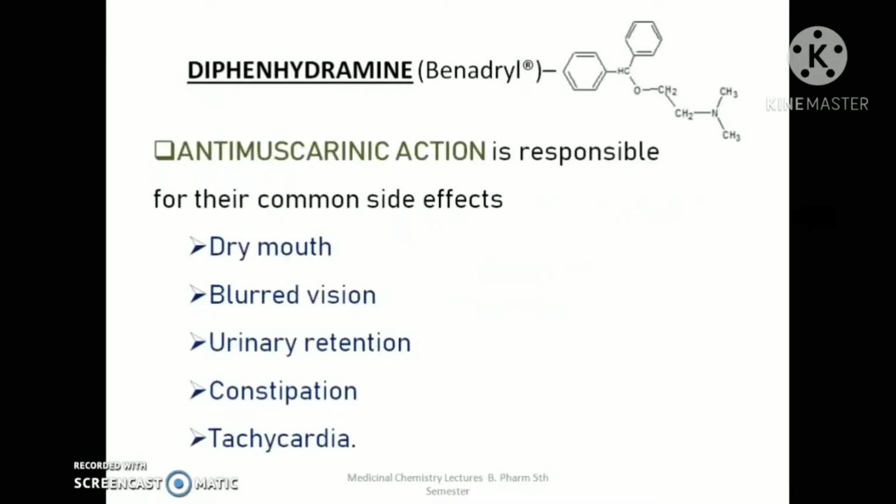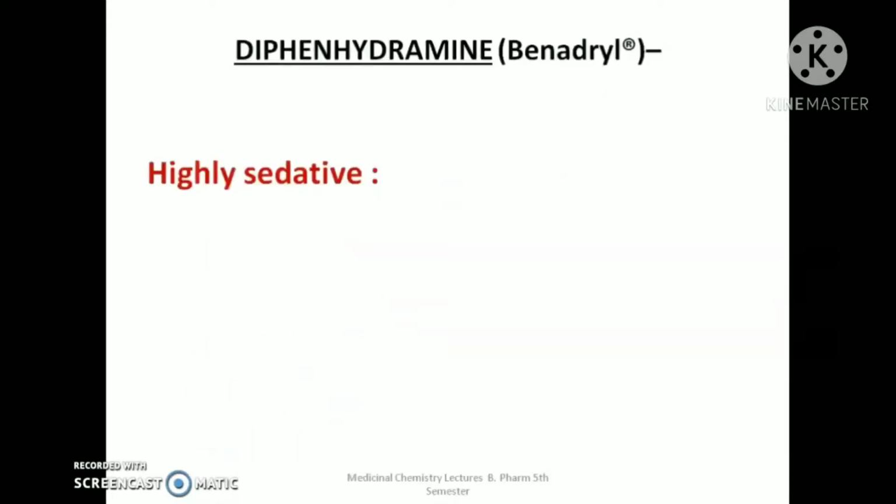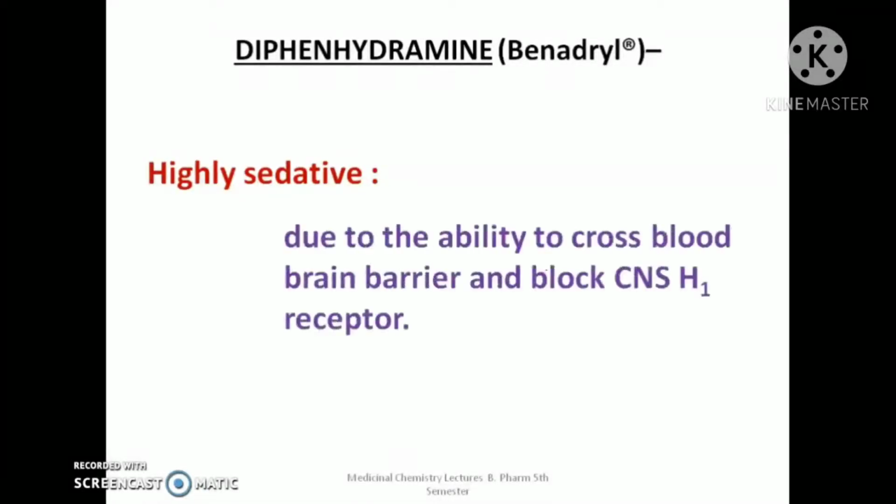The antimuscarinic action is responsible for the common side effects of antihistamines like dry mouth, blurred vision, urinary retention, constipation, and tachycardia. Diphenhydramine, being lipophilic, can readily cross the blood-brain barrier and can block the central nervous system H1 receptor, and therefore they are highly sedative or can cause drowsiness.